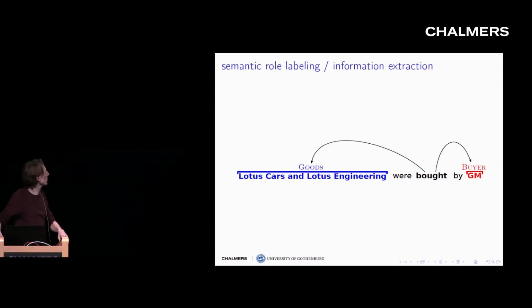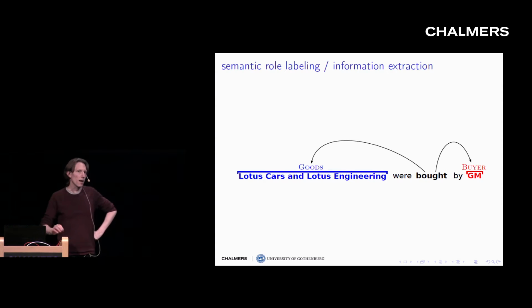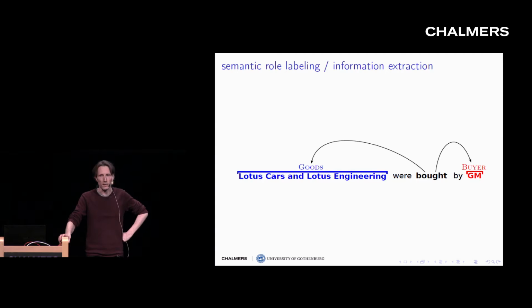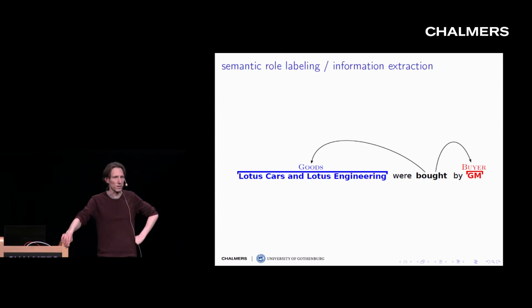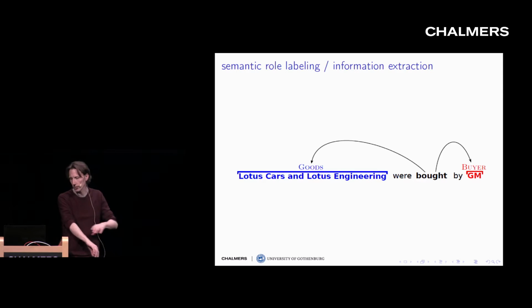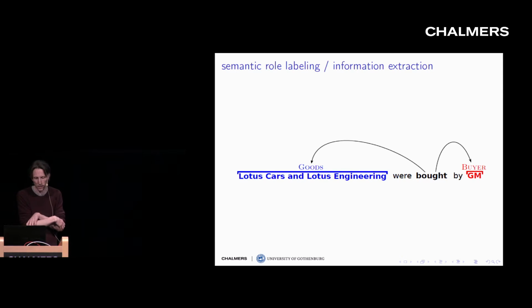So then we need to identify when we see such events in the text and which are the entities involved, who is doing the buying and who is doing the selling, and what is being bought and when and where and so on. So this is something that I have wasted some time working on.